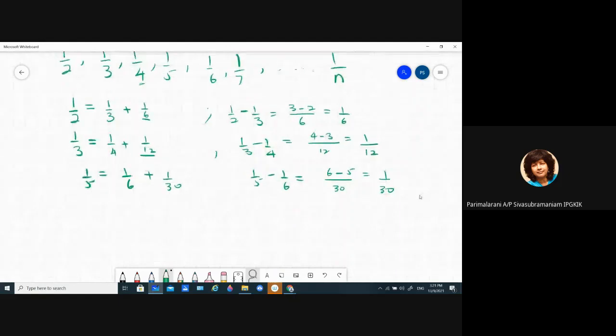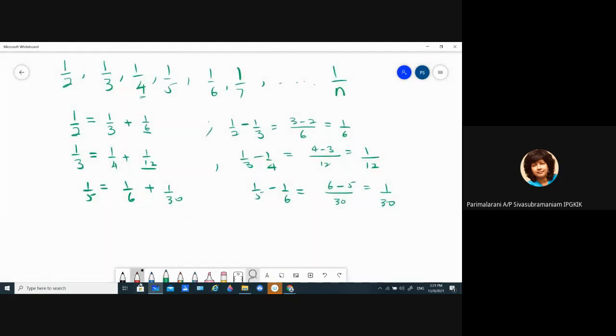Okay, so can you see a pattern here? This is 1/2, this is 1/3, 1/6; 2, 3, 6; 3, 4, 12; 5, 6, 30. Do you see a pattern? So if I have 1/n, what will this fraction be? 1 over n plus 1, plus 1 over... How do you get 30? 5 times 6.